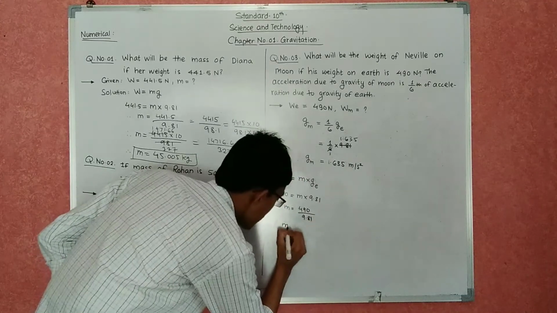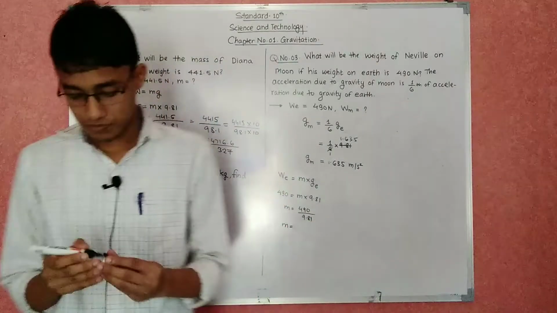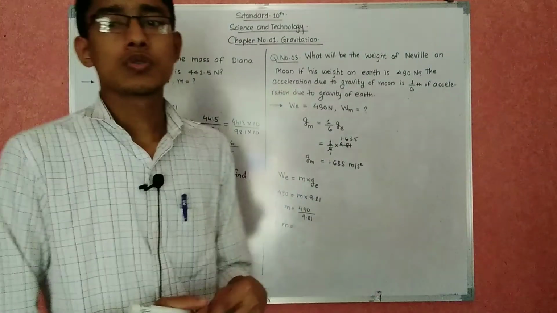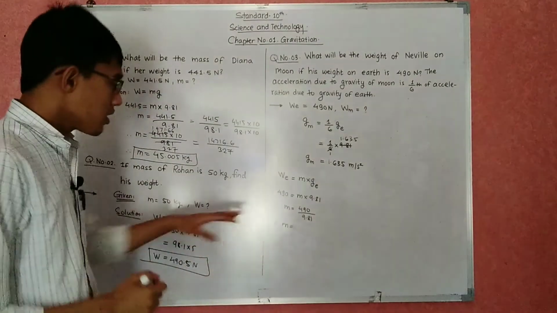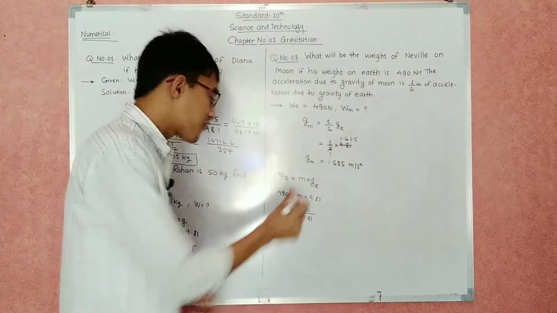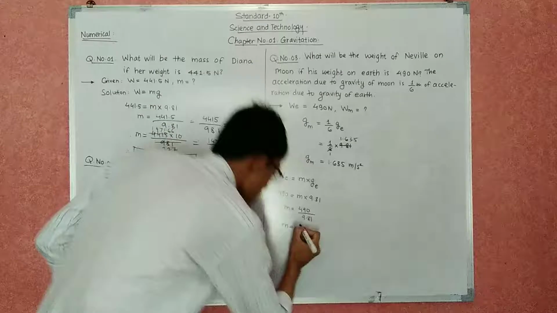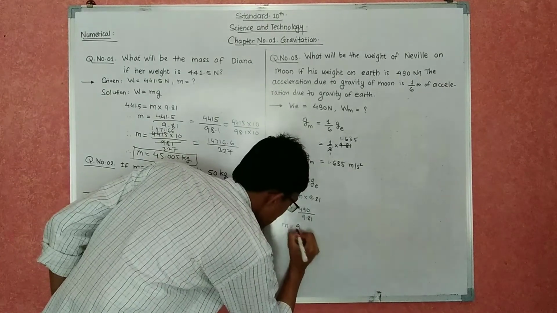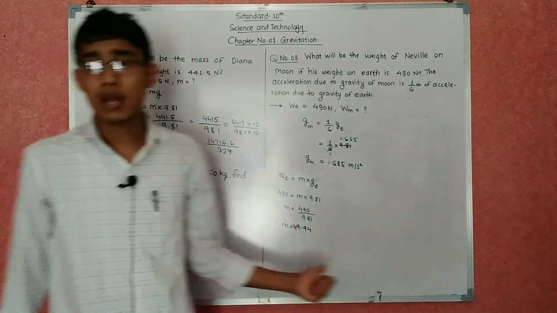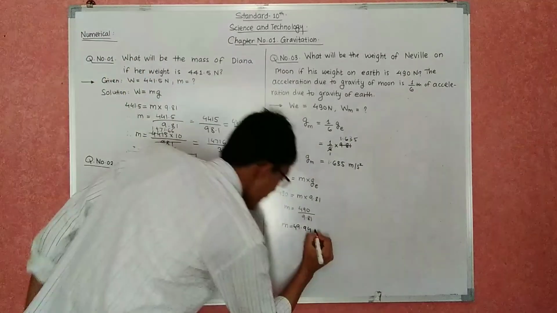Therefore mass is equal to, so the mass is going to be 490 upon 9.81. So after dividing this, we are going to get the answer, that is 49.94 kilograms.